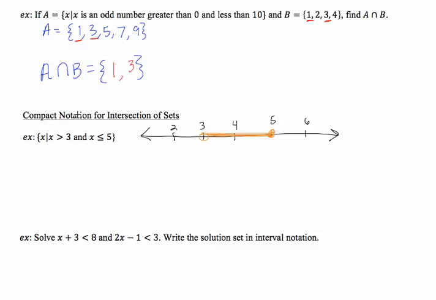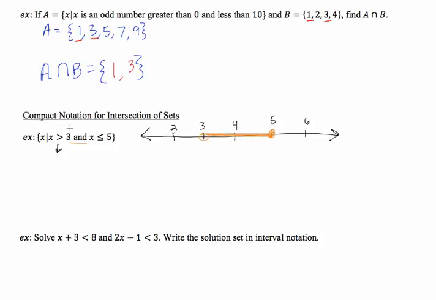Now there's a shorthand way to write an intersection of two sets, or when you're combining two inequalities with an and, there's a shorter way to write it. More commonly what you'll see is what's called a double inequality, where you describe it without the word and. To explain how we get there, I'm going to first flip this one around.